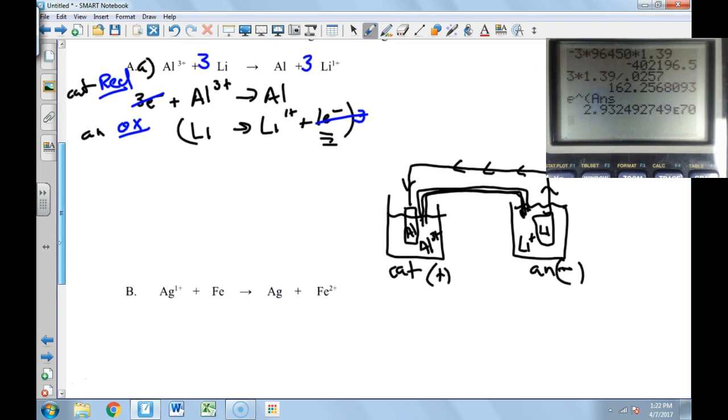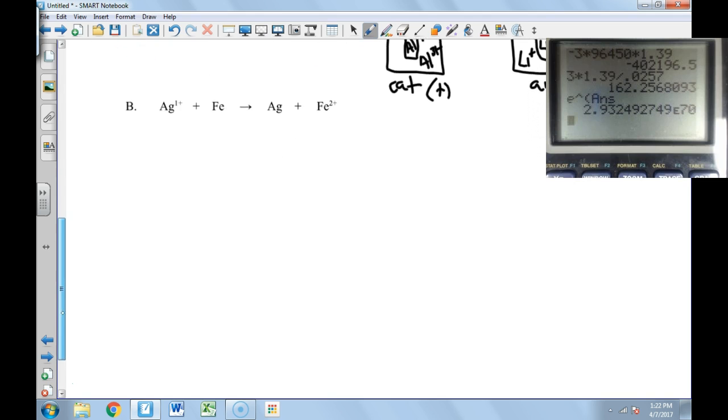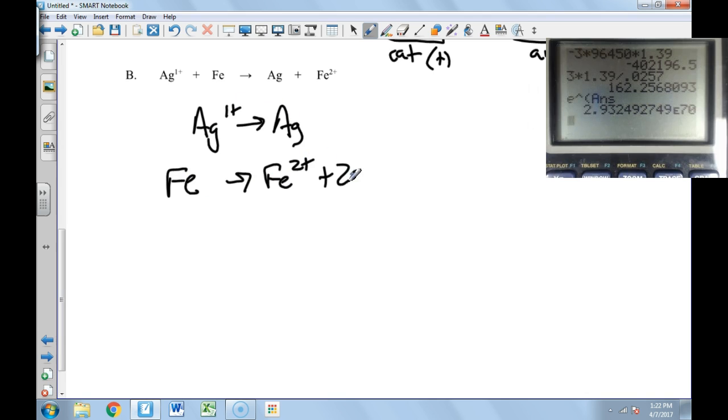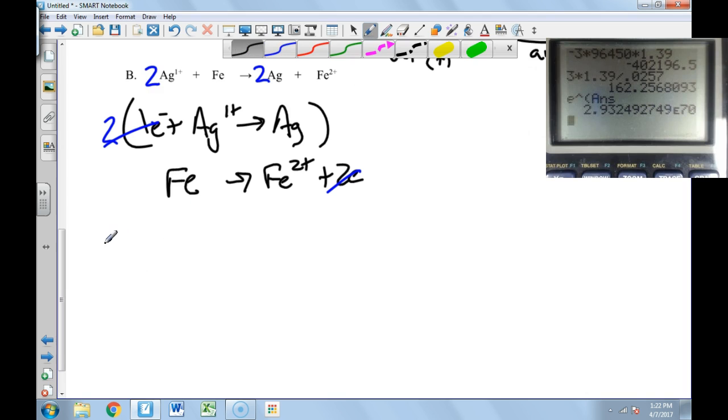So now we're going to do the second part of this question, and it's practically the same thing, and we'll do it maybe a lot quicker. So I'm going to break this into half reactions and balance it. So that was balanced. That's awesome. And now we're going to calculate the cell potential. So again, E naught cell.